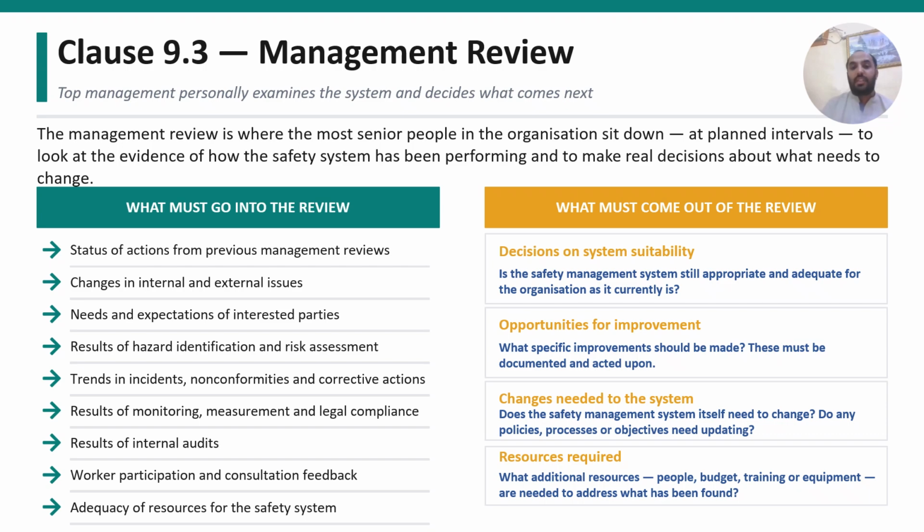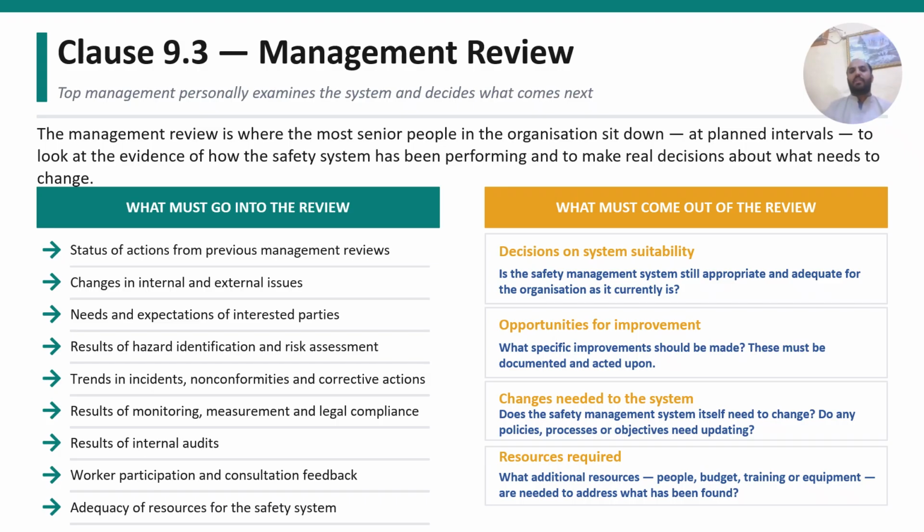Has anything significant changed in the organization or the world around it? It must consider the needs and expectations of interested parties, workers, regulators, clients, and others: are they still being appropriately heard and considered or not?